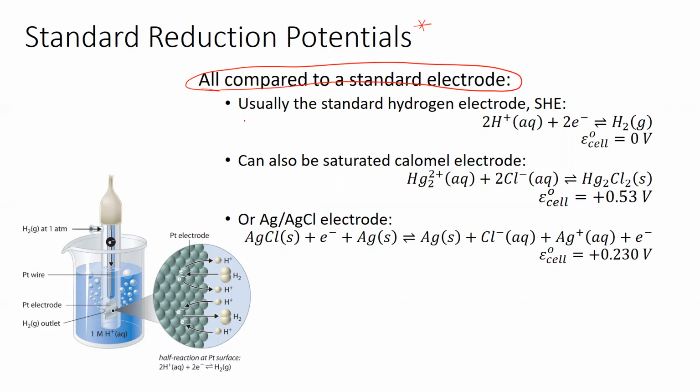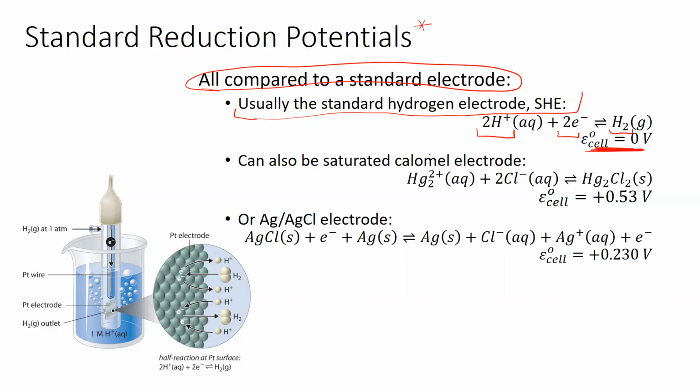So we're going to define the standard hydrogen electrode, okay, which is governed by this chemical equation where 2 H plus, really hydronium, but we can look at it as H plus, 2H plus plus 2 electrons will form hydrogen gas. And we're going to define that as our 0 point. And we're going to compare all other half reactions to that.